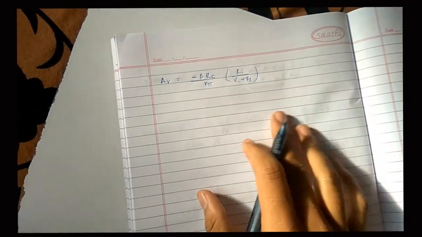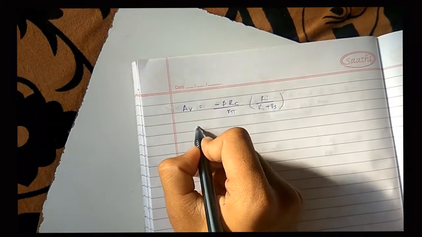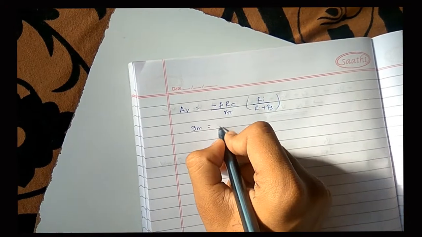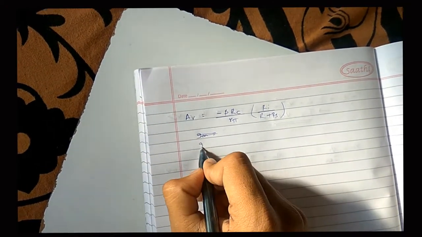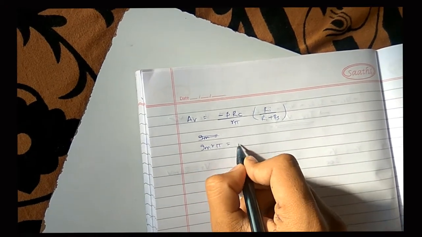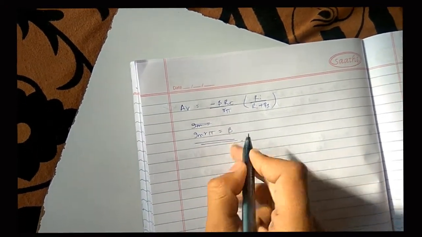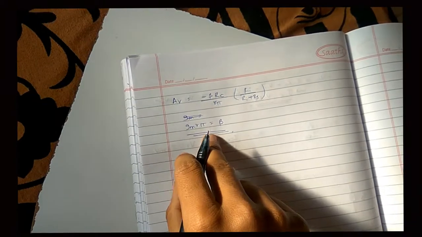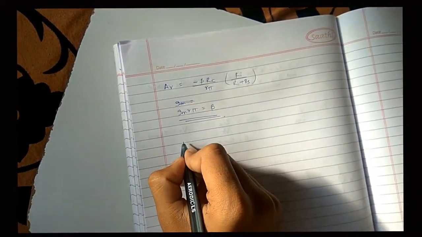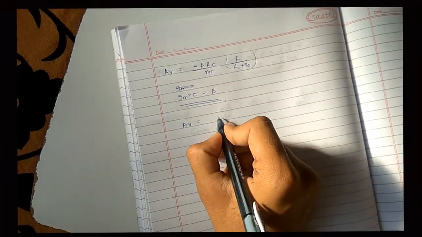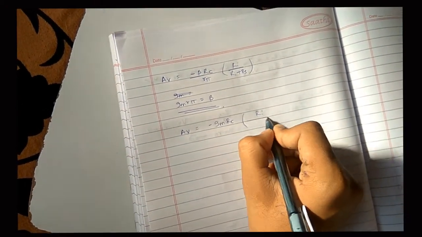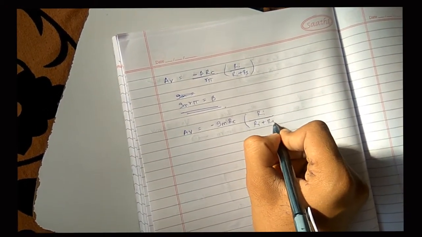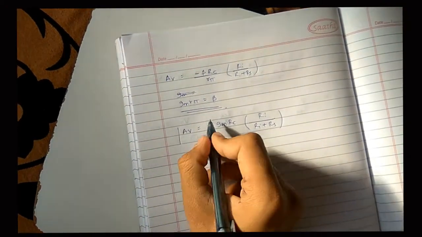Now we know that Gm into R pi is equal to beta. So by replacing beta by Gm into R pi, and R pi will get cancelled, which will give us AV is equal to minus Gm into RC in the bracket Ri upon Ri plus Rs.